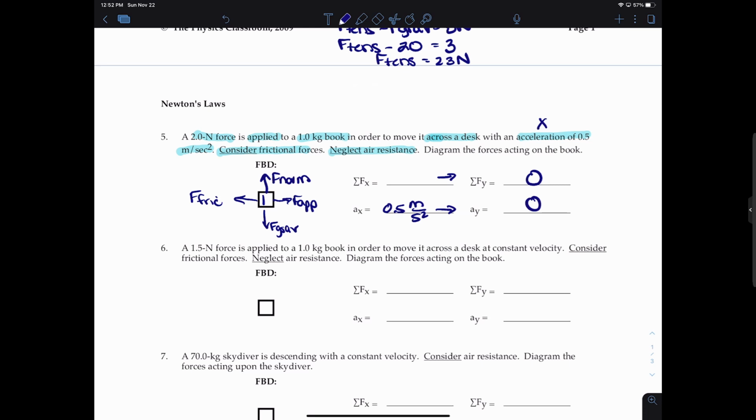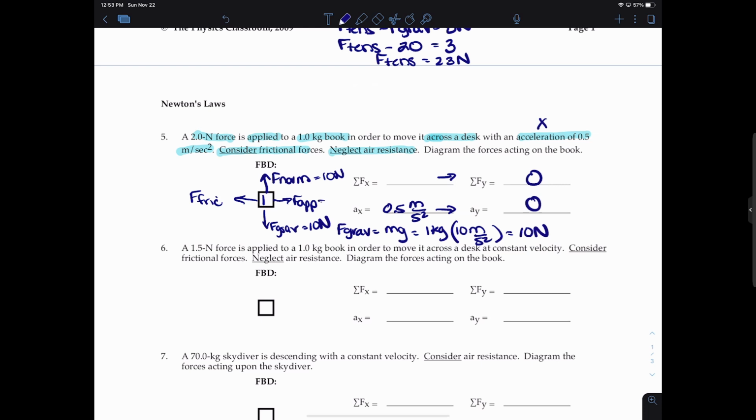So start out like we always do. F gravity equals mass times g, which is 1 kilogram times 10 meters per second squared, which equals 10 newtons. Since it's balanced in the y direction, we also know the normal force is 10 newtons.